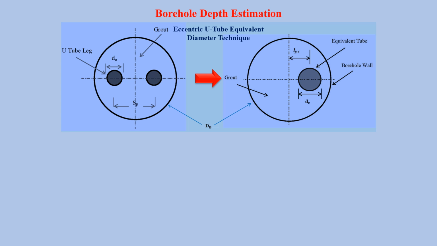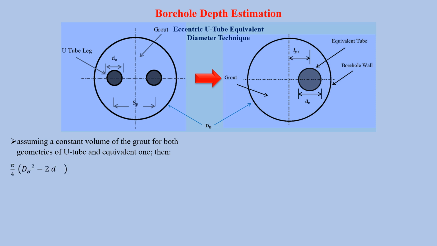Let us find an equivalent diameter from the assumption which has been based on the idea of keeping the volume of the filling or the grout constant in both geometries, the equivalent and the original configurations.